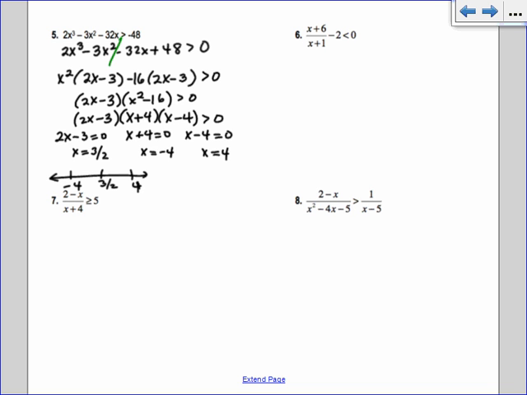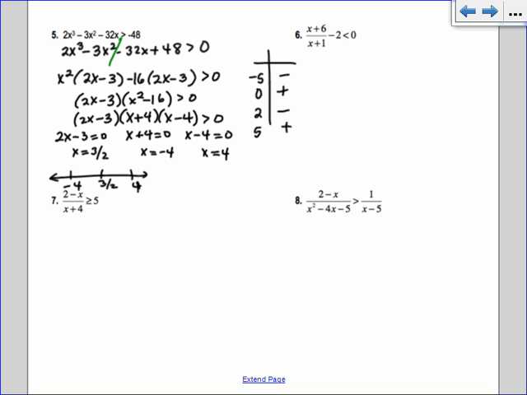I could do a little table, and I could do test points of negative 5 and 0 and 2 and 5, right? If I plug in negative 5, I get a negative times a negative times a negative, which is a negative. If I plug in 0, I get a negative times a positive times a negative. It's a positive. If I plug in 2, I get a positive times a positive times a negative. It's a negative. And if I plug in 5, I get a positive times positive times positive, which is a positive. So it did not take very long to do that.